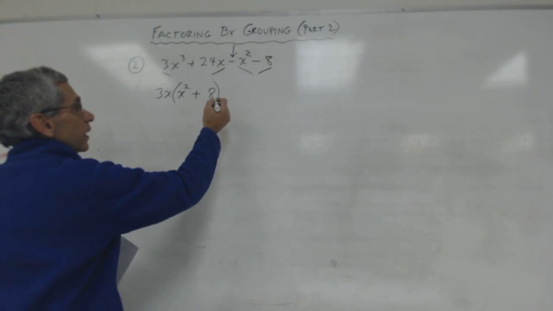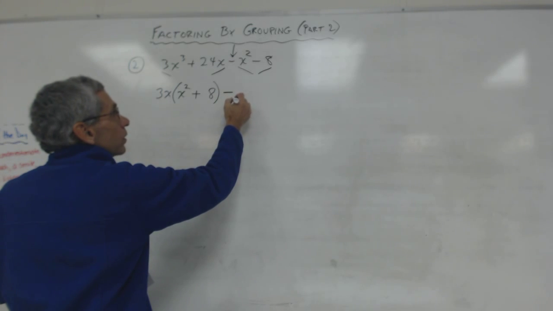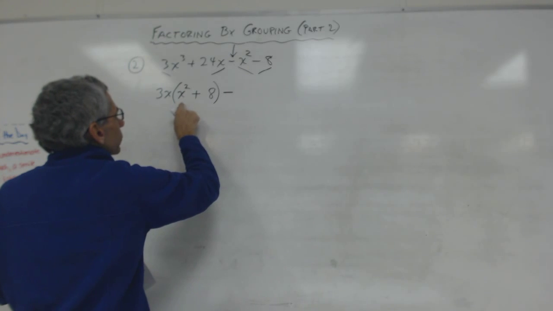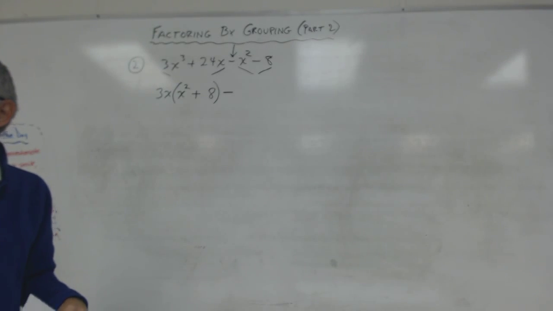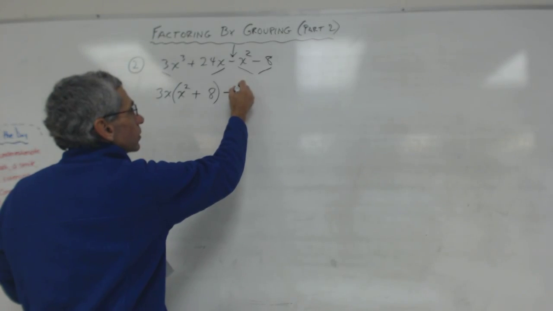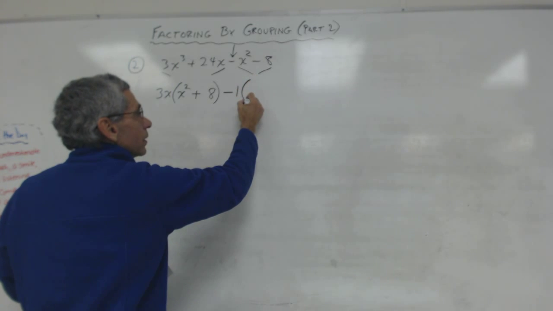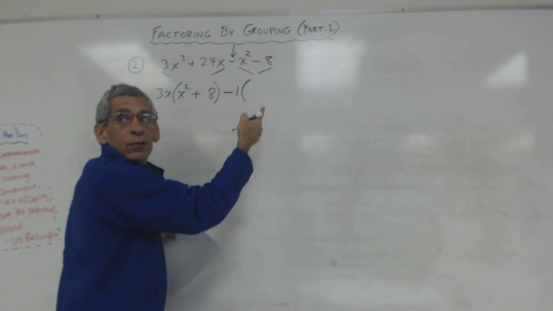But as soon as I go like this, I put a minus sign here, and oh wait, look at this, x squared minus 8, x squared plus 8. That's interesting. The signs are wrong, but it's almost the same thing, right? But look, as soon as I do this, I put a 1 and I put a parenthesis. Oh, yeah. That negative sign affects what's inside the parenthesis.